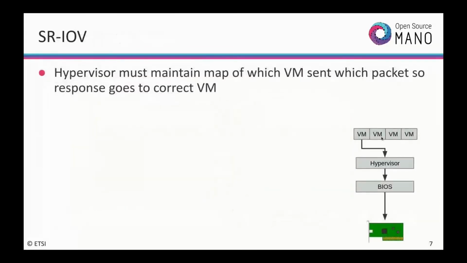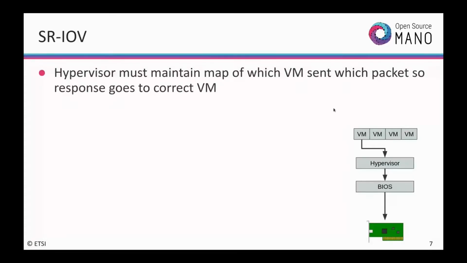SRIOV is another place where we're looking at getting every nanosecond of performance out of our network infrastructure. So moving away from memory and the page mapping and the CPUs, we're now talking about the network path.